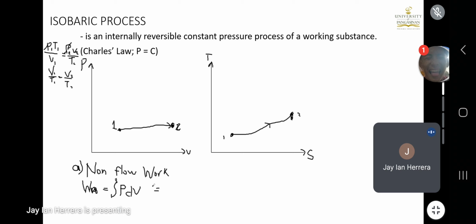So that is P multiplied by V2, our upper limit, minus V1.